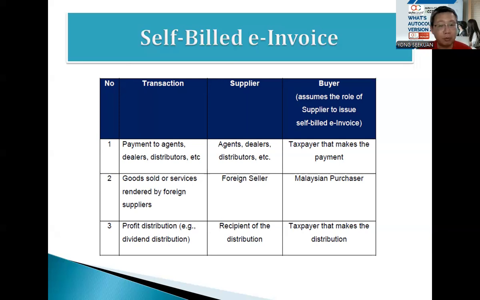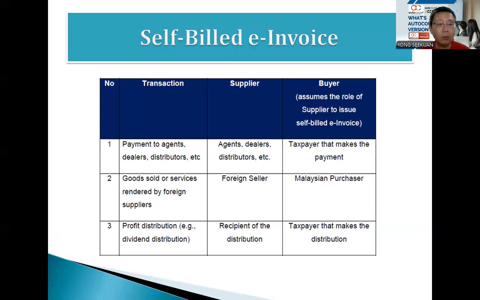So you need to self-bill. Let's say you pay commission to your salesman, like Great Eastern or some insurance company, they sell the policy and get the commission, they pay the commission to their agent. So when you pay this commission to the agent, for this payment voucher, you need to self-bill. You need to declare this commission to the LHDN.